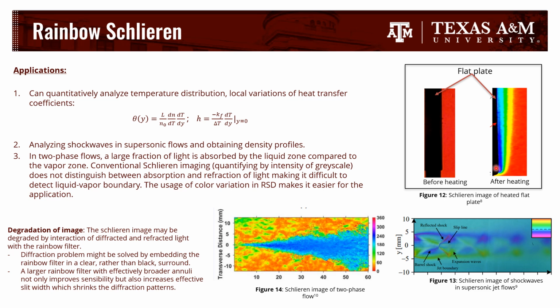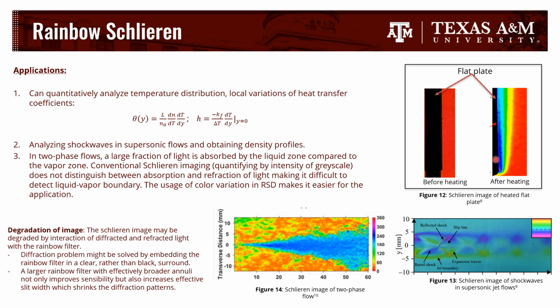So using RSD, the color change here can be correlated to the angle of deflection using the calibration curve, and the angle of deflection can be used to calculate the change in refractive index of air in this region, and the refractive index can be used to calculate the temperature or density in this region using the Gladstone-Dale correlation mentioned in slide 3.